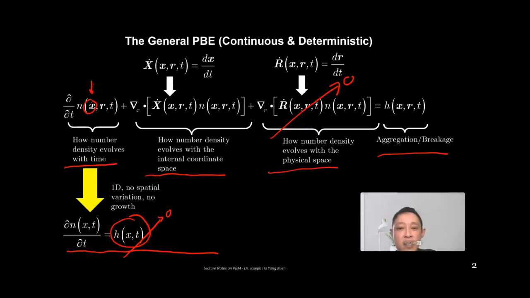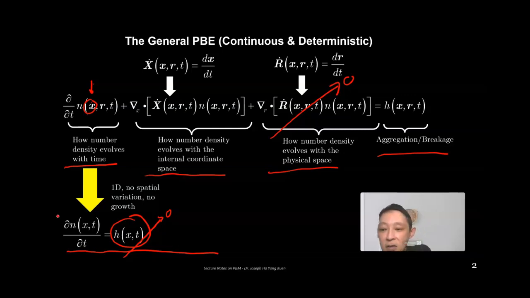This source or sink term is the term where you input your information, such as whether your population of particles is undergoing breakage or aggregation. This is the term that's going to describe this. And for breakage, it has a specific form, and for aggregation, it will have another specific form. And they are all physics inspired in that sense.